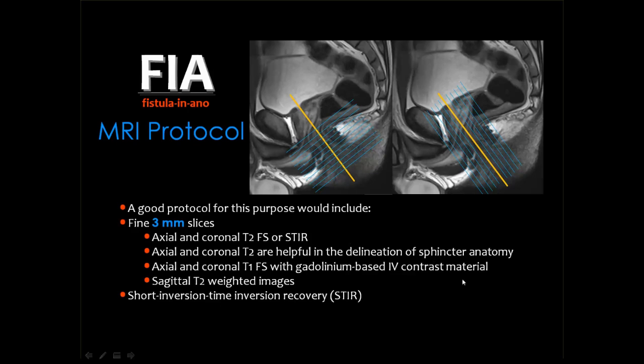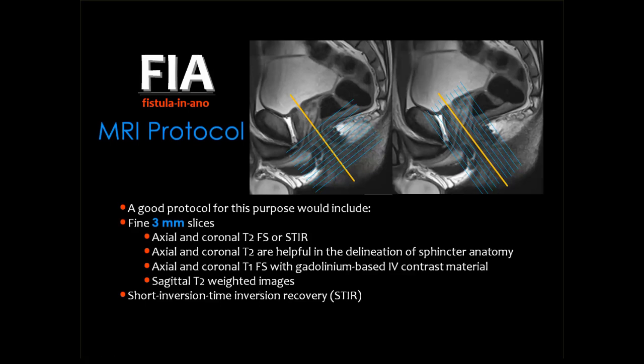Then we have axial and coronal T2 with fat suppression. Then we have axial and coronal T1 fat suppression after injection of contrast, and you should have the sagittal T2. Then we should have axial, sagittal, and coronal high resolution T2.